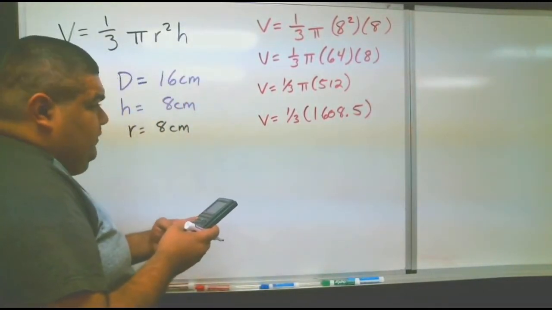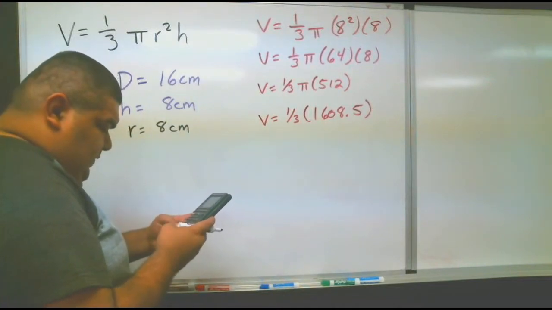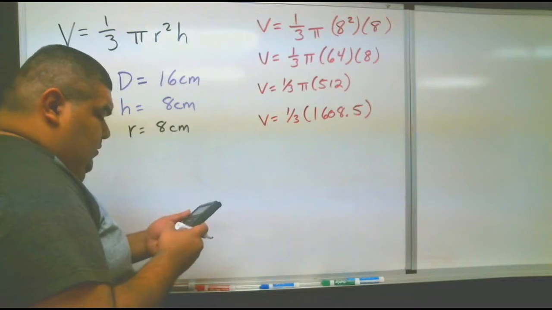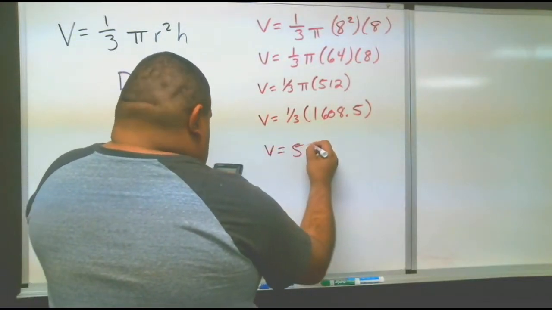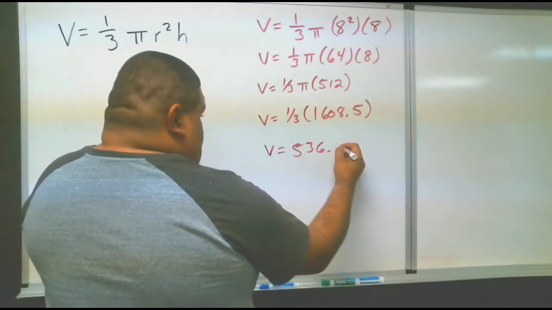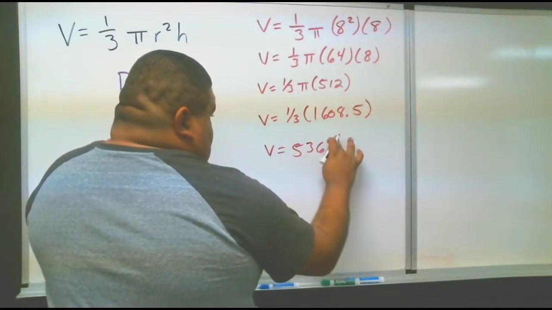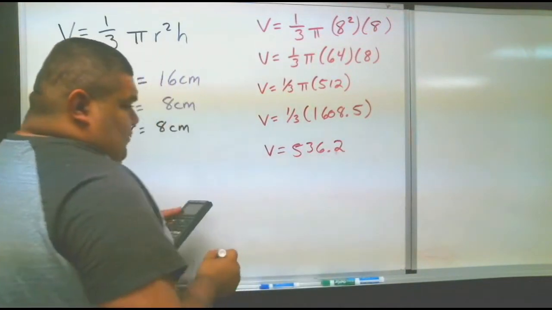1608.5 divided by 3, we get the volume equals 536.16, and technically the 6 makes the 1 a 2.